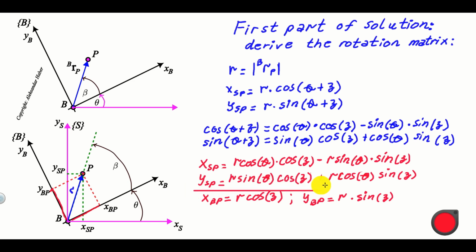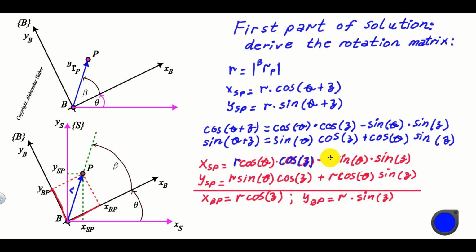So let me now draw a straight line, and let's analyze what's written over here. Let me change the color. Over here we can see that this term, R multiplying cosine beta, is actually XBP. Very interesting.